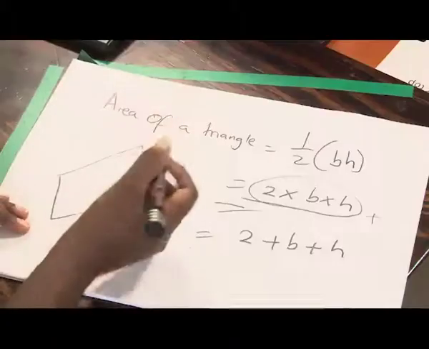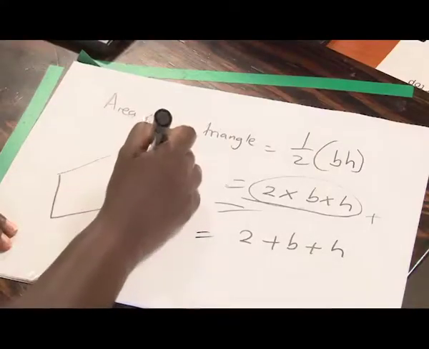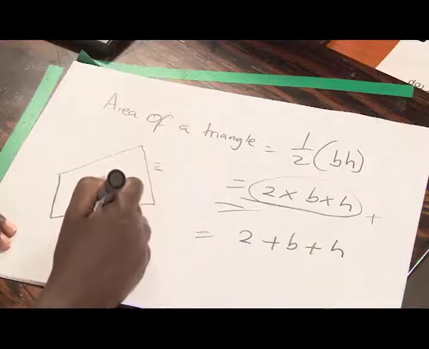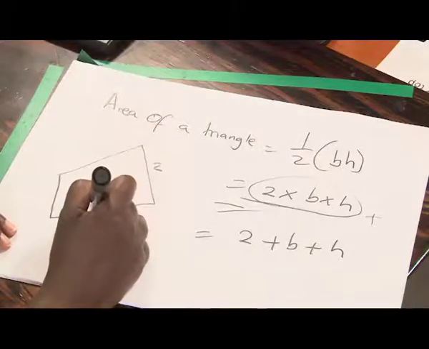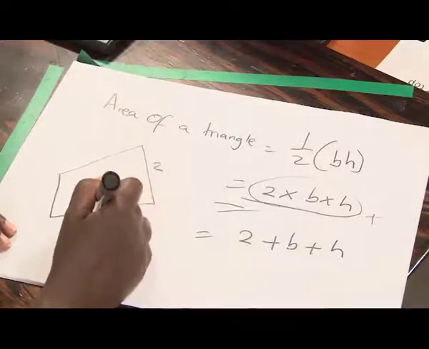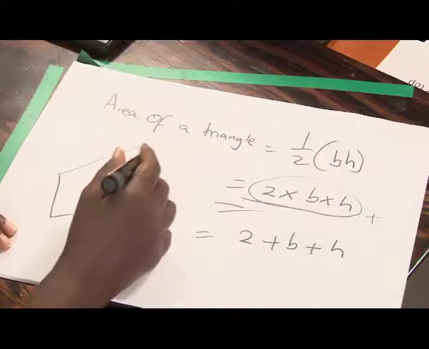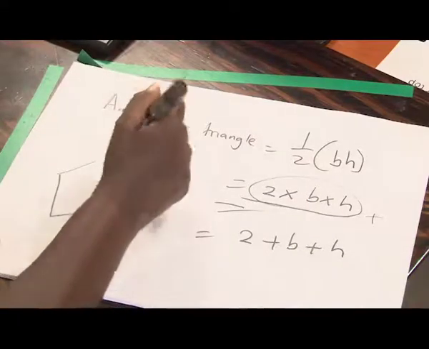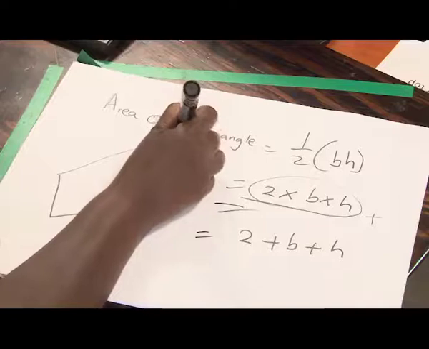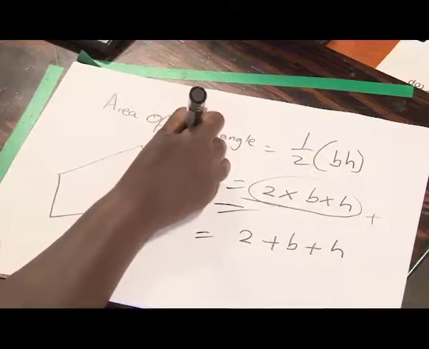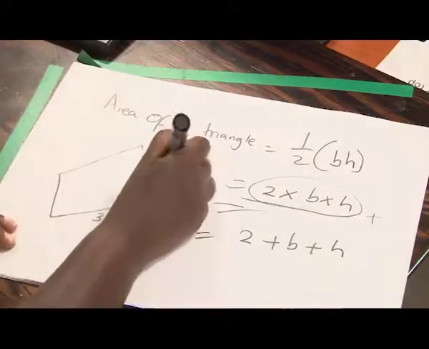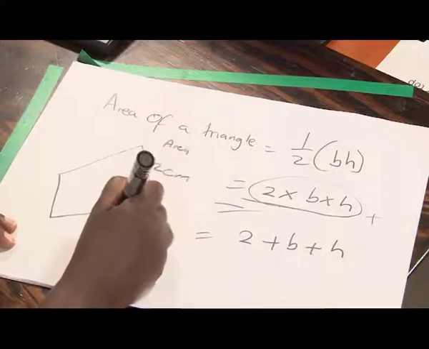Let's say you are given something like this, and you are asked to calculate the volume. Here is 2. Here is, let's say, 3, and you have to calculate the area using, let's say, centimeter and centimeter.